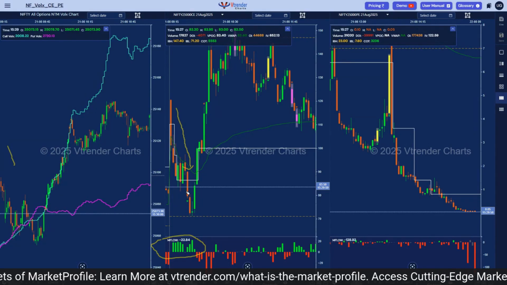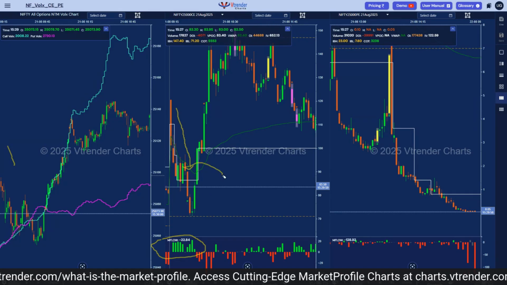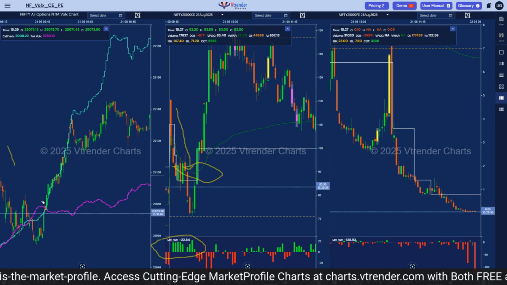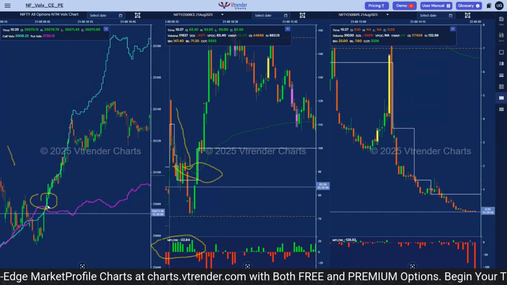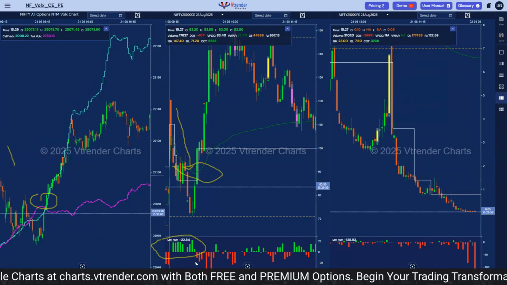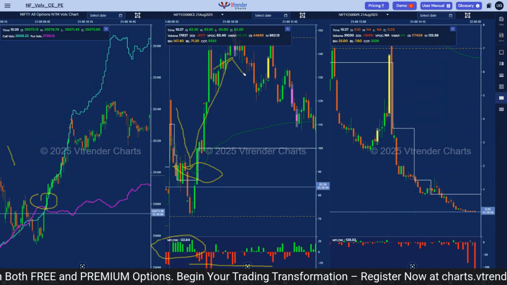But then once we got back above VWAP in this signal, this is where the VolumeX, CE VolumeX also gave us that swipe. So you can see how these writers were forced to cover and we made a move higher.